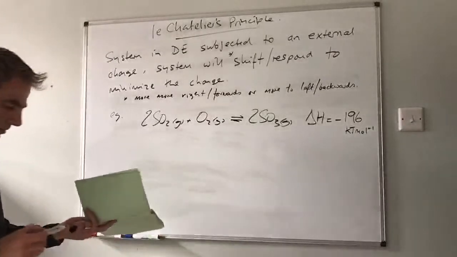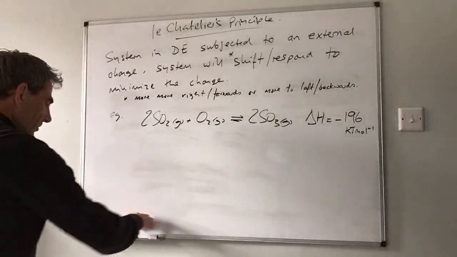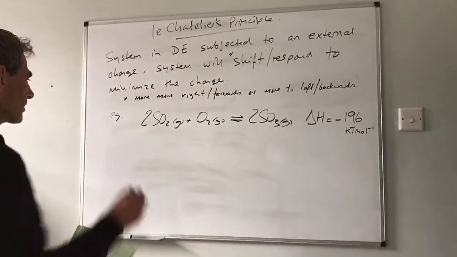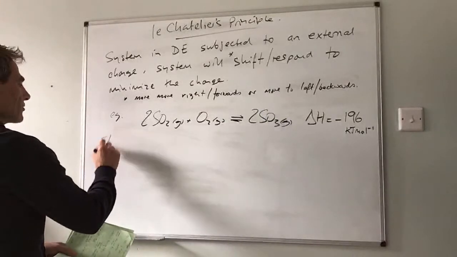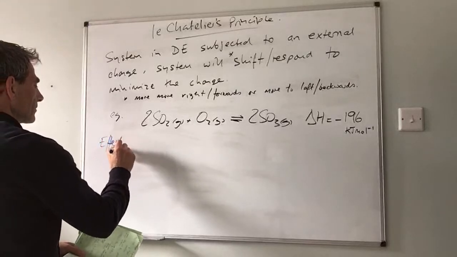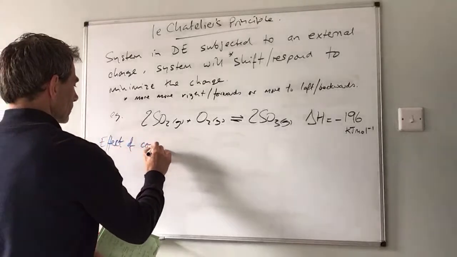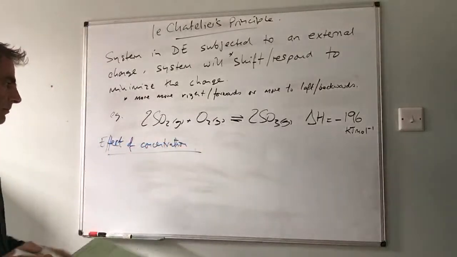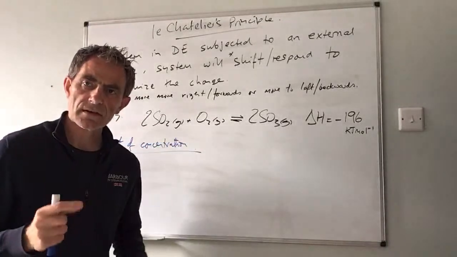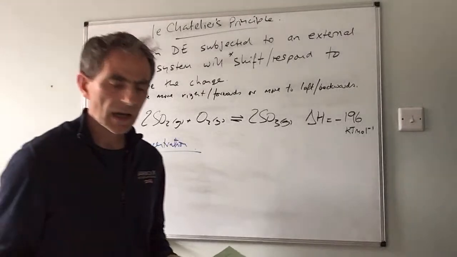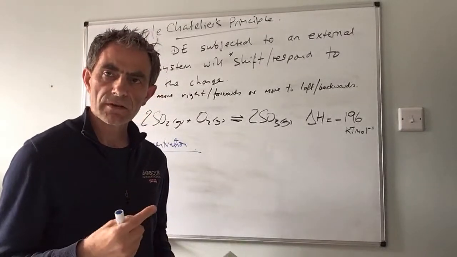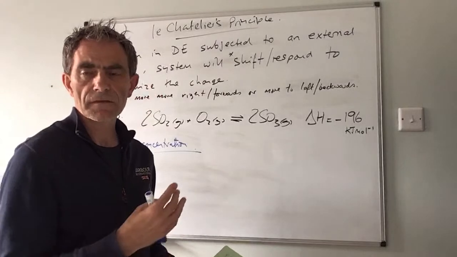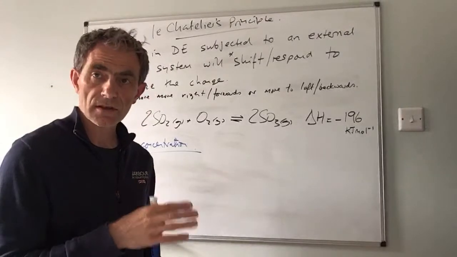Right, so I'll just change colour so it stands out a little bit. So the first thing we'll look at is the effect of concentration. Now, if there's any Year 13 students in the room, you'll be familiar with explaining an equilibrium shift in terms of the equilibrium constant, Kc.